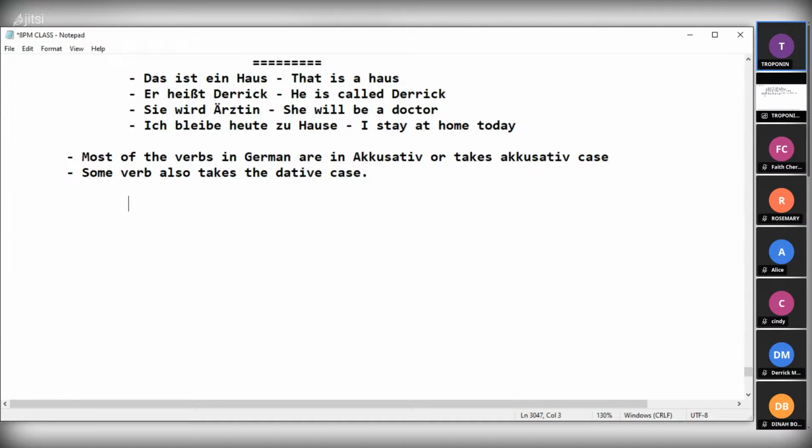Okay. So I will go to accusative. So most of the things are here in accusative and dative. So accusative, let's see. Here now it will be very easy for you.